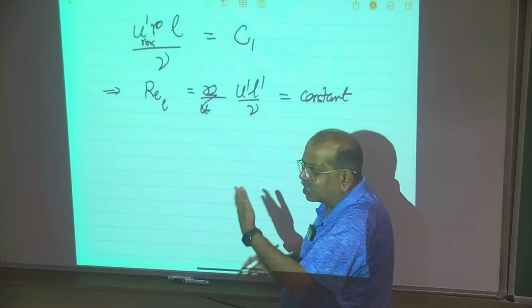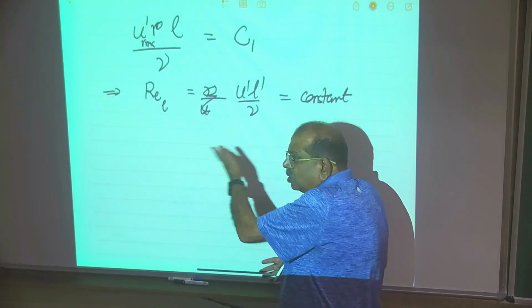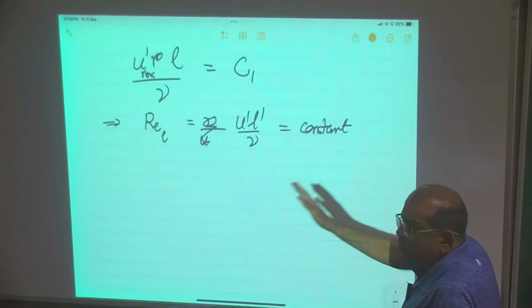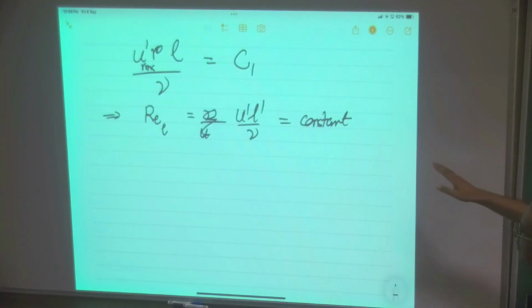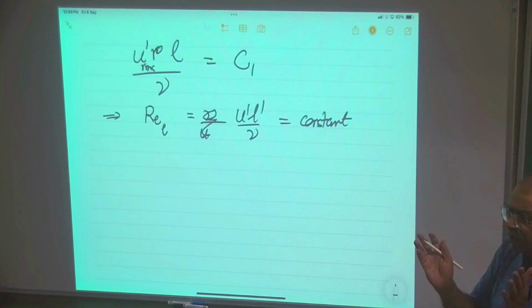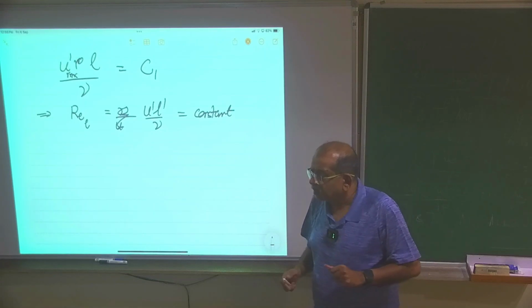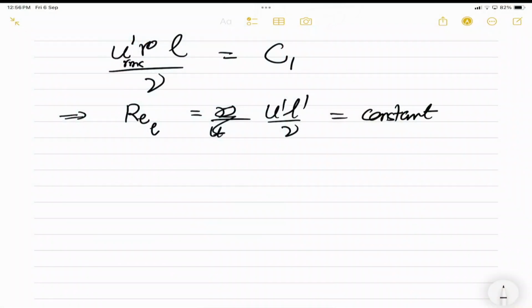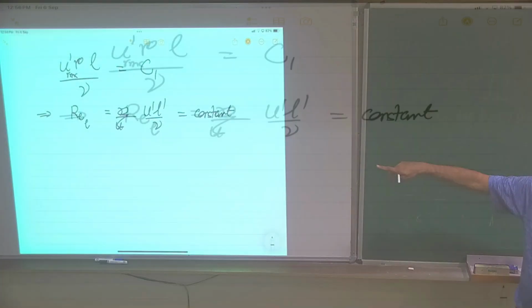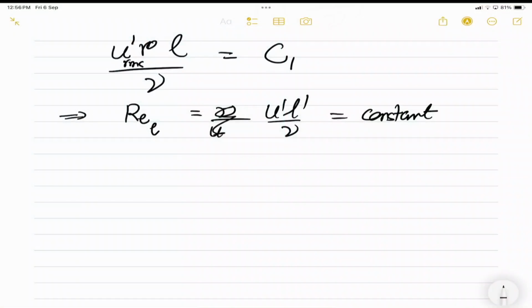This is valid for up to about 100 downstream lengths, below which we find the Reynolds number, by and large based on this estimate, is a constant. Of course, this is not equal to the mean of u L by nu here. Mean of u is much bigger than u prime RMS in this case. So, maybe I should put RMS here as a constant.